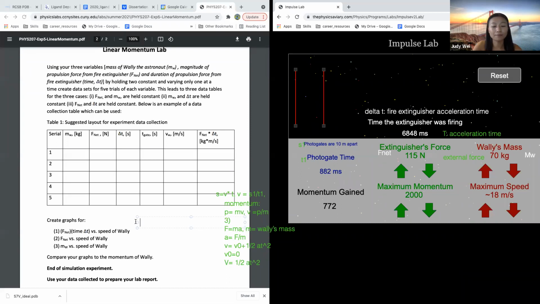So we know F equals ma, and V equals AT, right? So when they ask you F times delta T, F times T, that means ma times T.